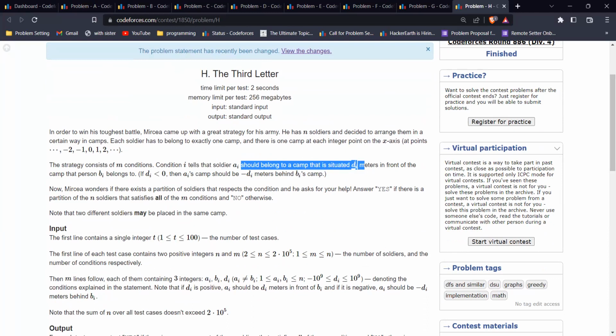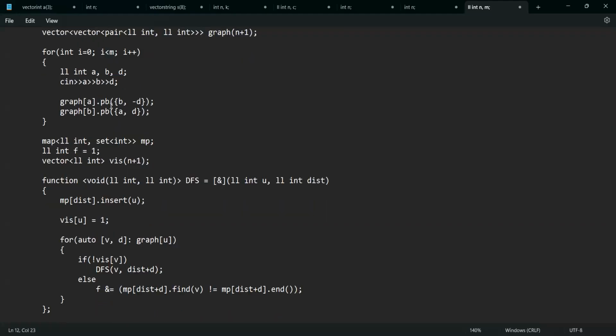So A should be in front of B. So this simply means that B is D meters behind, and A is D meters in front of B. This is what these edges mean.